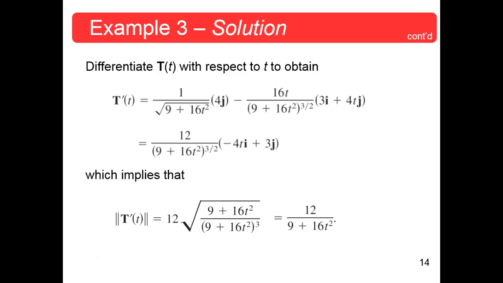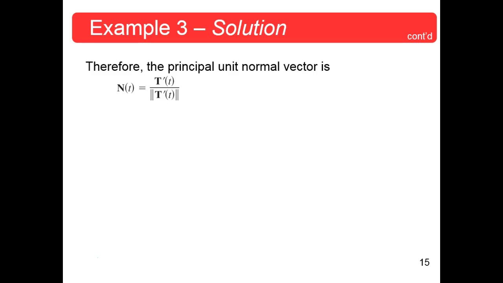Obviously the 12s go out, and one of these goes out, leaving you just with 1/2 down here, times that. And that's exactly what they wind up with here: 1 over the square root of that times this thing here, minus 4ti plus 3j. There's your n of t.